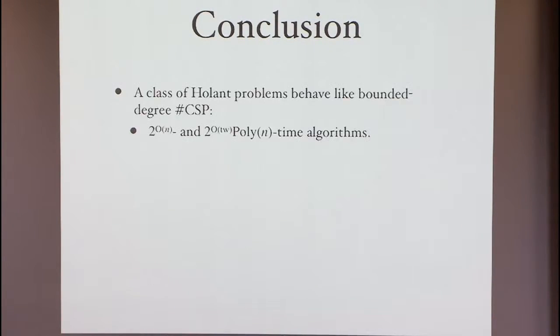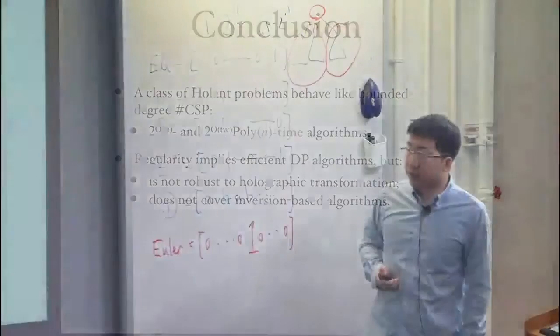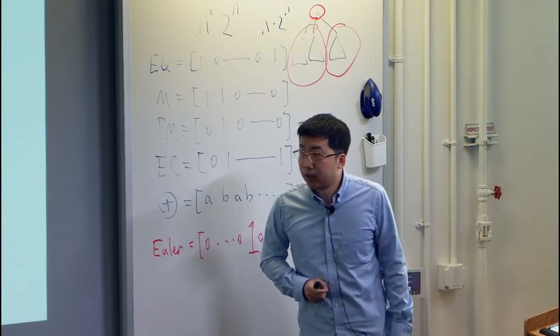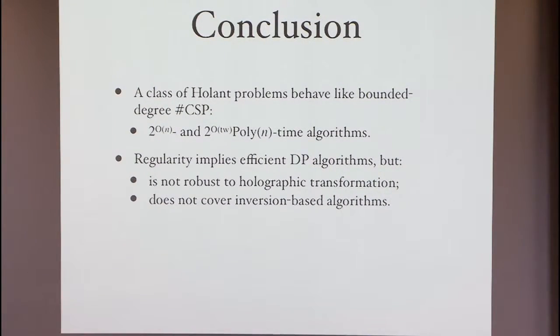So let's wrap up. We locate a class of nice Holant problems that behave like bounded degree counting CSP, like spin systems. In this sense, they have this kind of time complexity. And this notion of regularity implies efficient dynamic programming algorithms. But it's not preserved by holographic transformation.